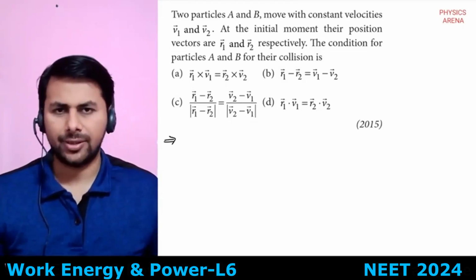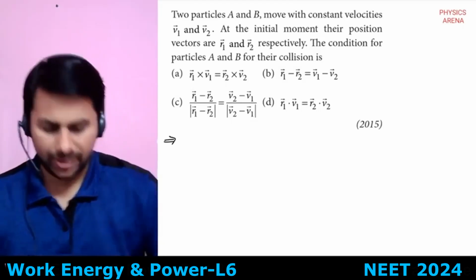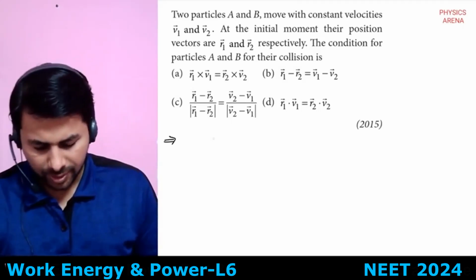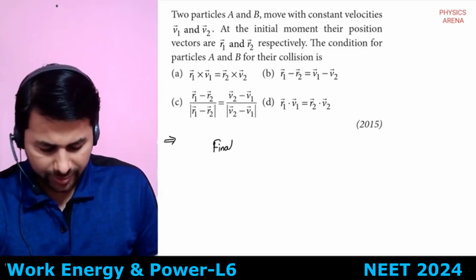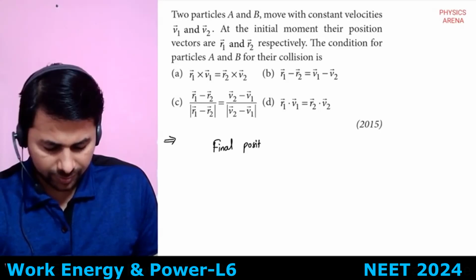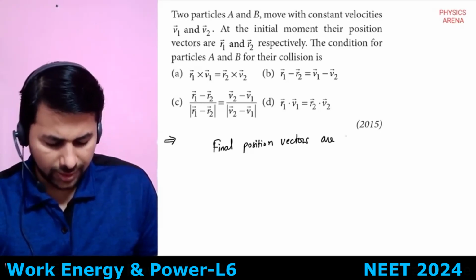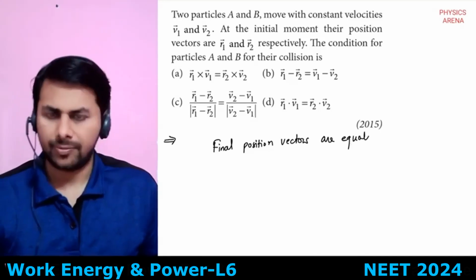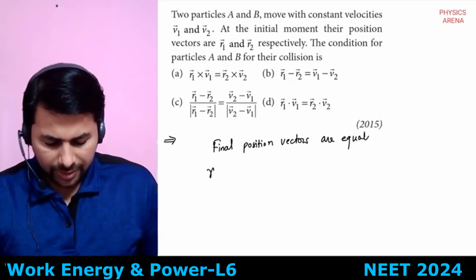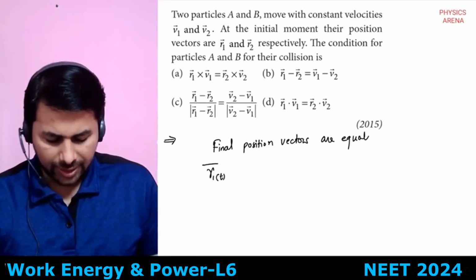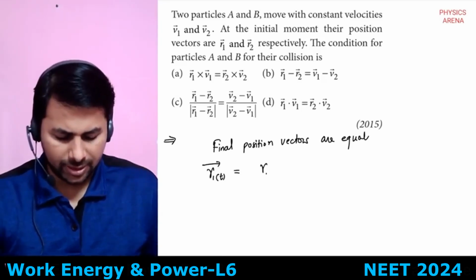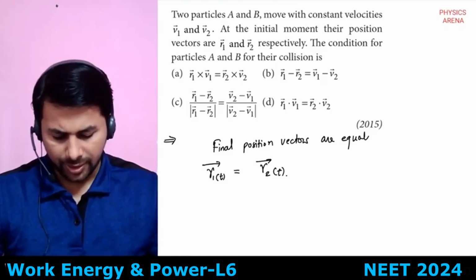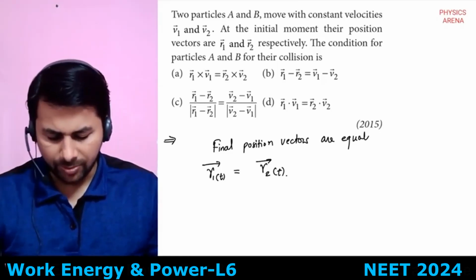When two bodies collide, their final position vectors will be equal, right? So I can say r1 bar at time t is equal to r2 bar at time t. So how can you find this final position vector?